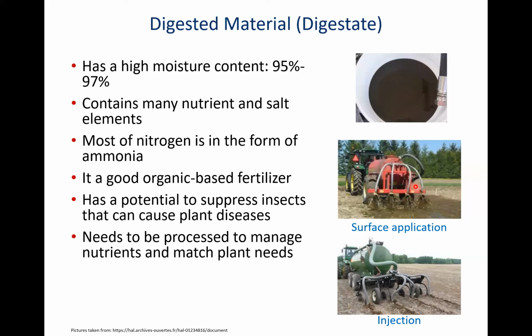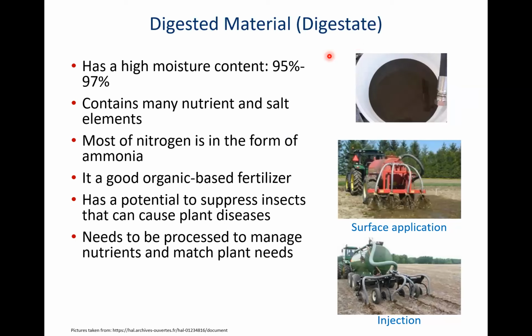Again, this digestate can be either surface applied to the soils or injected. These are basically simple methods, or it can also be processed into liquid and solid biofertilizer streams, which makes it easier to manage the fertilizer.